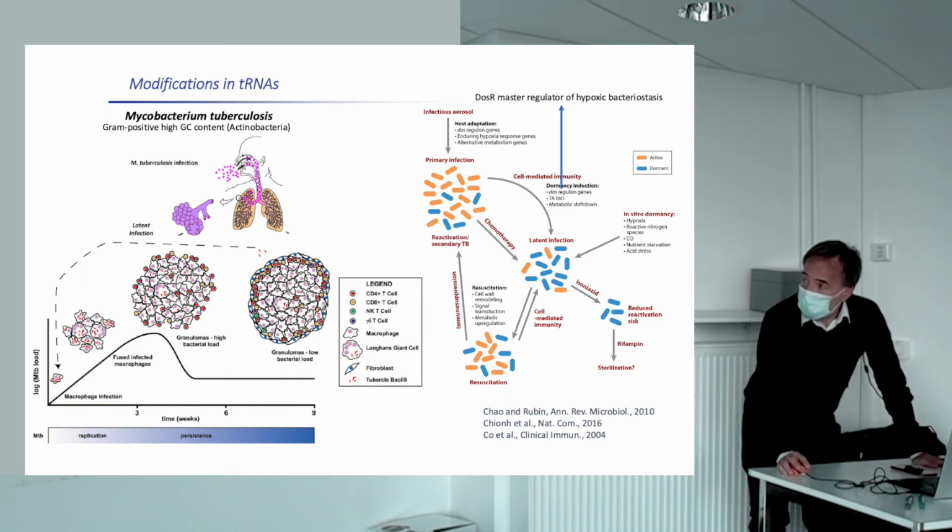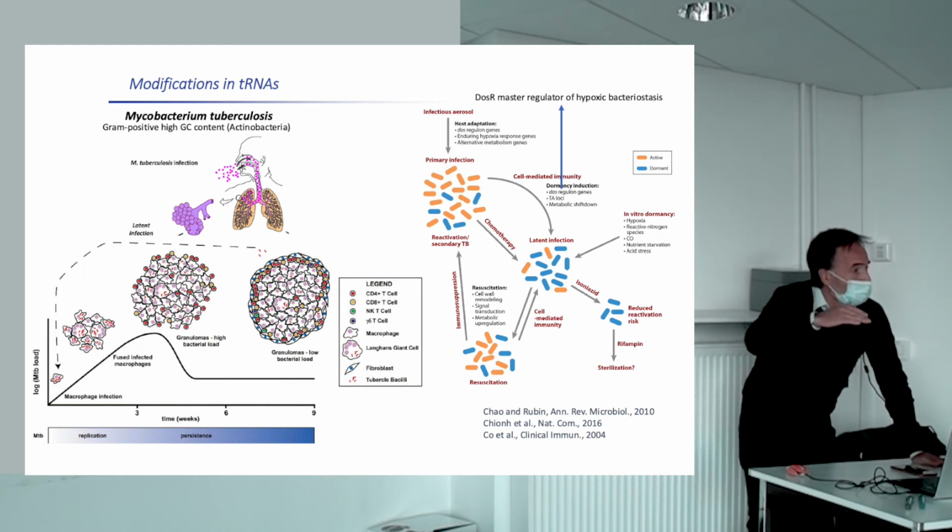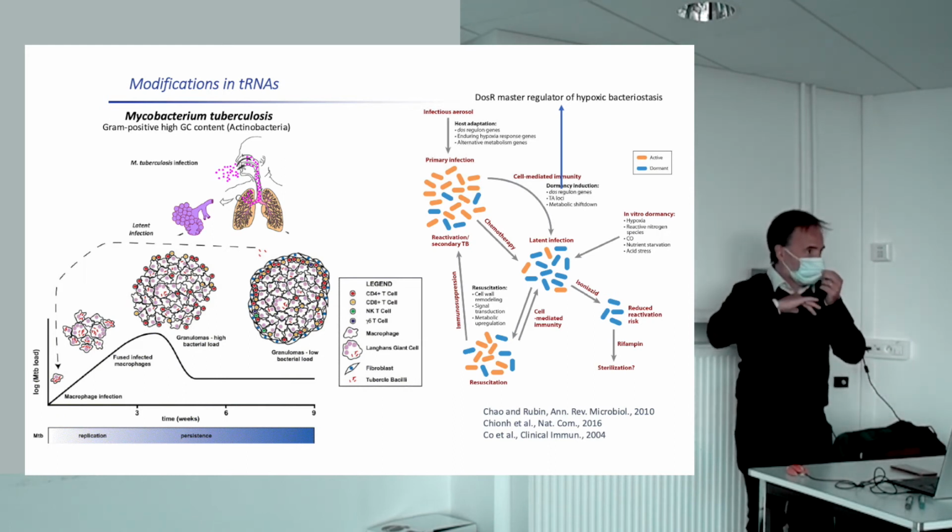Okay, so in this condition, Mycobacterium tuberculosis is sensing the low oxygen level, the hypoxia condition, and it is actually going into a latent infection state. So it decreases metabolism, starts to duplicate much slower.